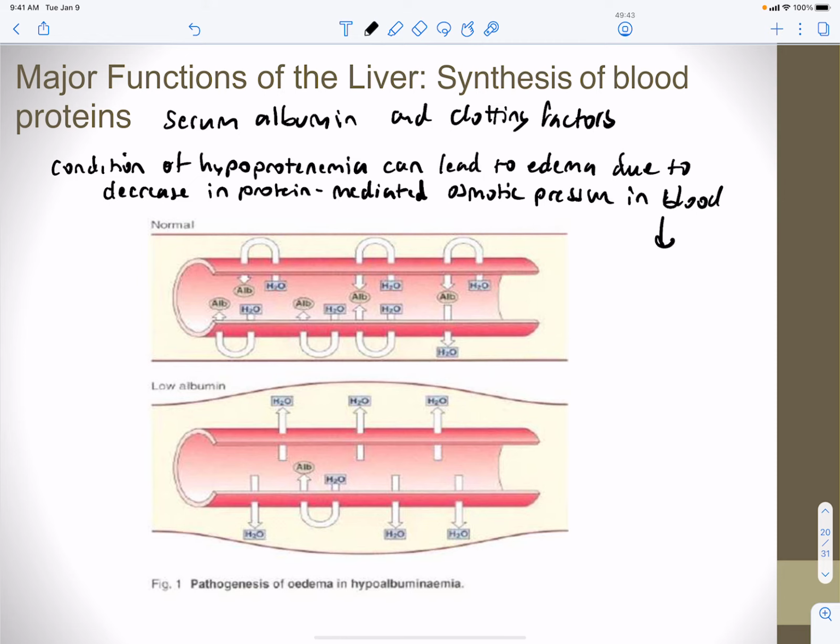And this is going to cause fluid retention in the tissues. So this is going to be oncotic pressure, colloid osmotic pressure.